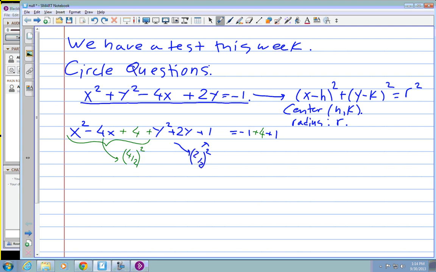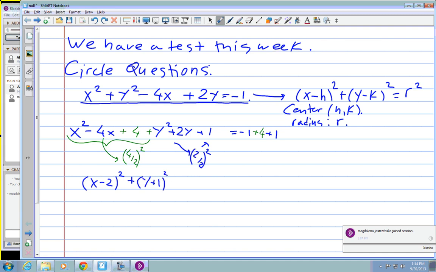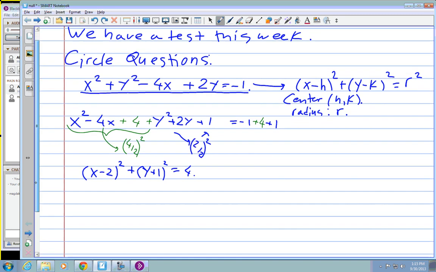So then x squared minus 4x plus 4 factors into x minus 2 squared. And y squared plus 2y plus 1 factors into y plus 1 squared, while the other side is 4. Is that okay?